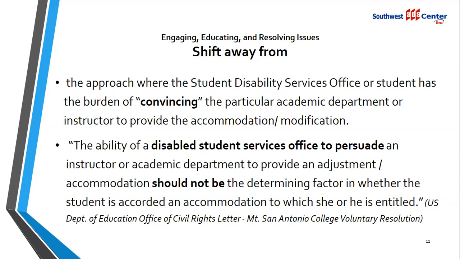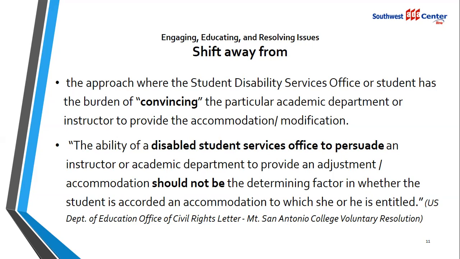I'm sure you all are familiar with the U.S. Department of Education, Office of Civil Rights. They're the folks that you file a complaint with if you have a complaint regarding higher education, and I'll talk more about that later. So it is pretty important what they have to say about higher education.